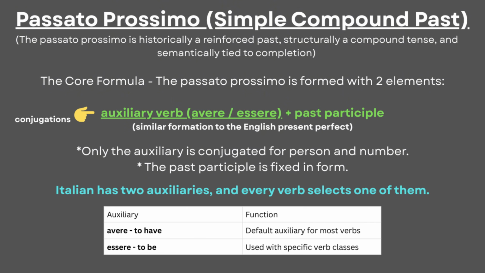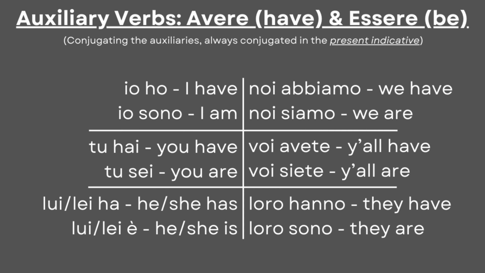Because the auxiliary is conjugated, we have to see the conjugations of avere and essere in the present indicative. These are the conjugations that we will need in the tense.